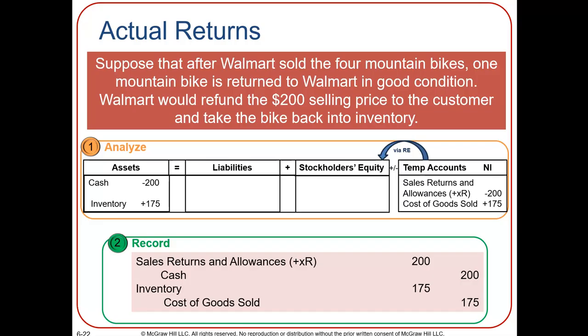We refund $200 cash back, but we do not put that against sales revenue. We put it against a contra revenue account called sales returns and allowances, because in the accounting department, we want to know how much is coming back from returns.